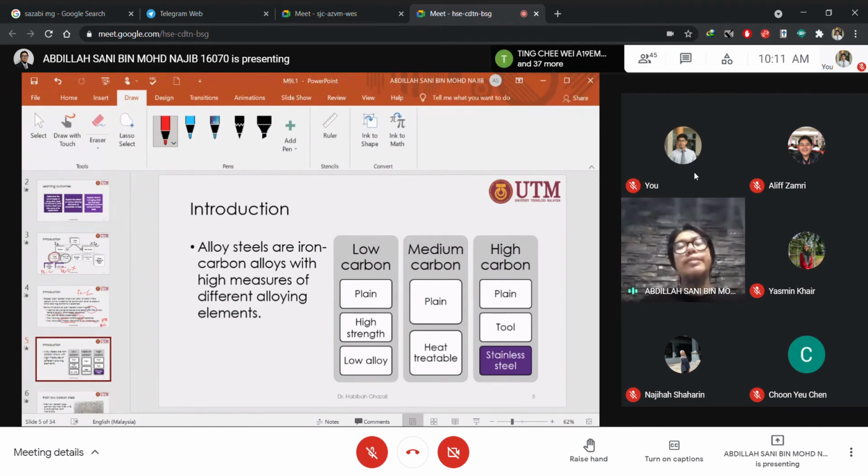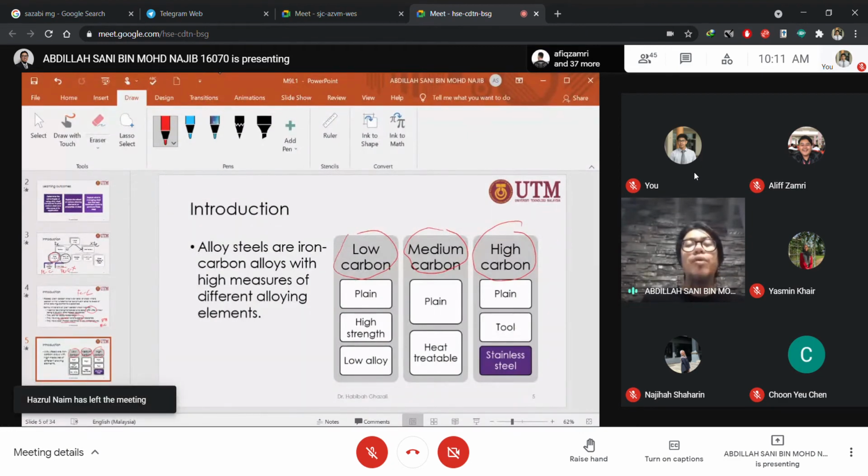Basically it is classified into three categories: the low carbon steel, the medium carbon steel, and the high carbon steel, in ranges of roughly 0.25, 0.25 to 0.6, and 0.6 to 1.4.